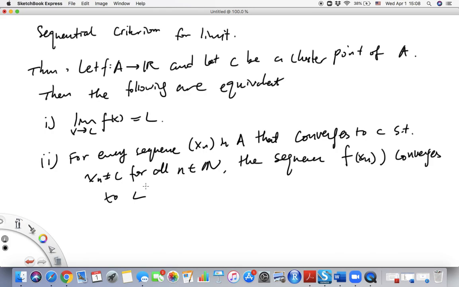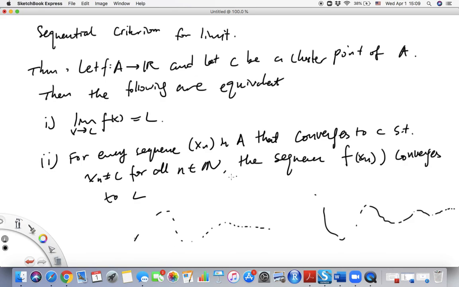Okay, so we are not going to prove it here because it's relatively intuitive. So here is your sequence xn, so your xn goes to something, and then if you apply your f on this set, then the f of xn is also going to converge.